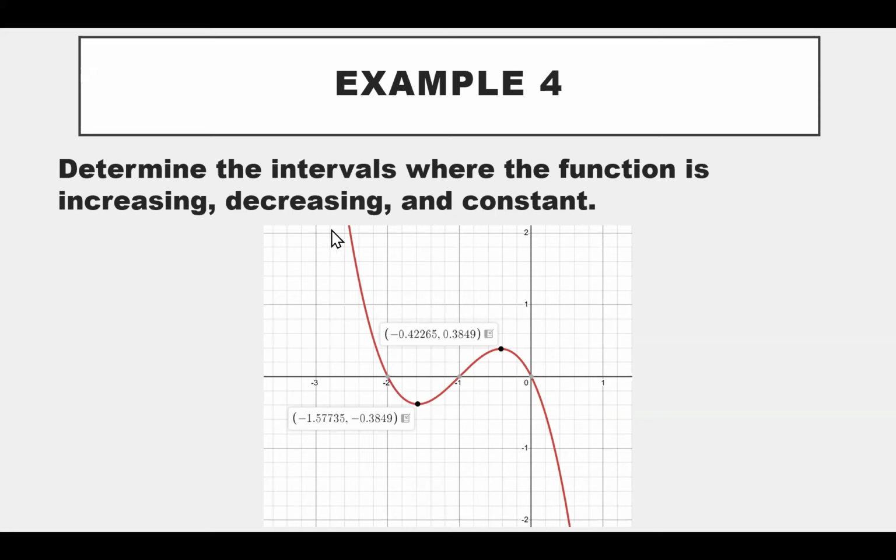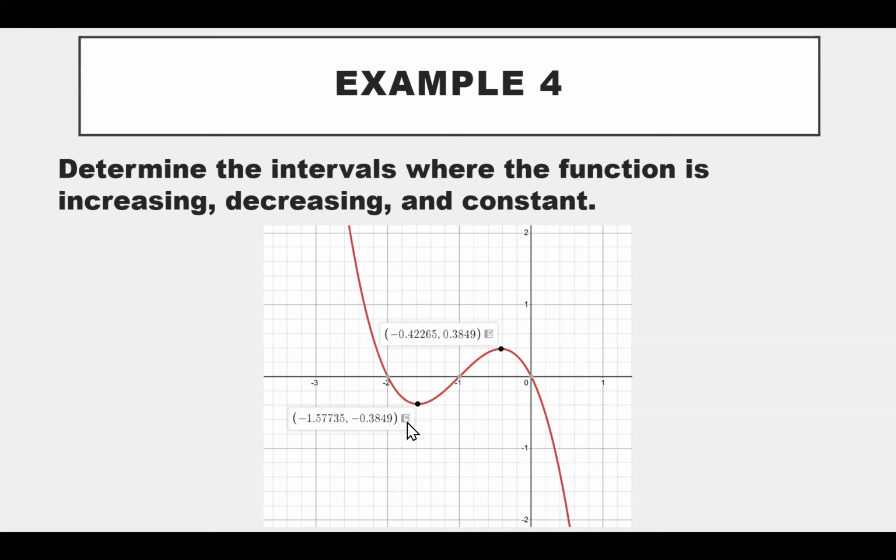Now, this graph doesn't provide any horizontal sections where the entire graph is just flat horizontal. So this one, we're only going to have decreasing and increasing, but we can see we decrease until we hit this point, and then we move up until we hit this point, and then we move back down.